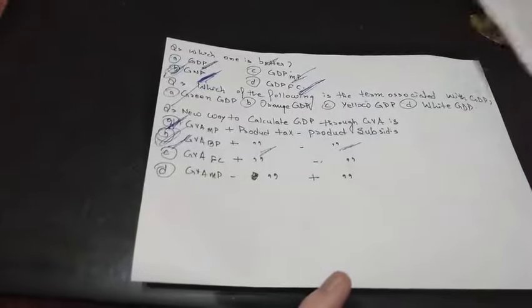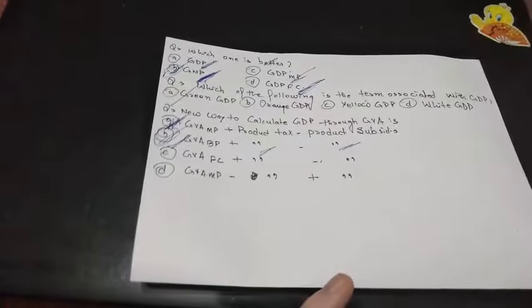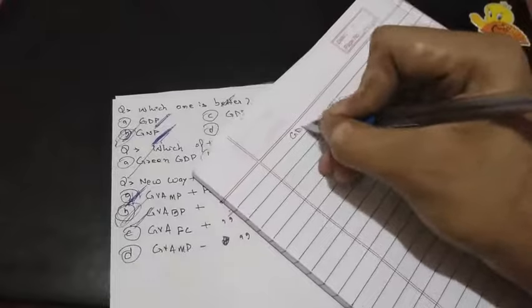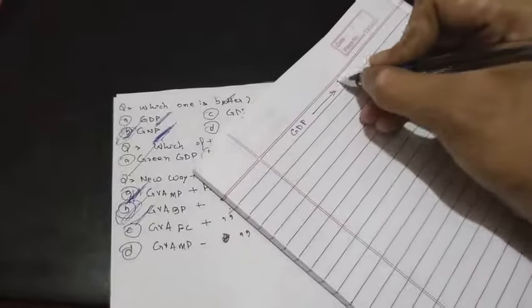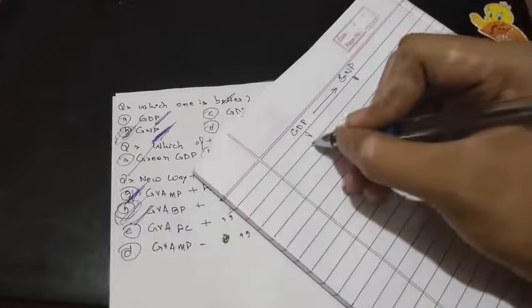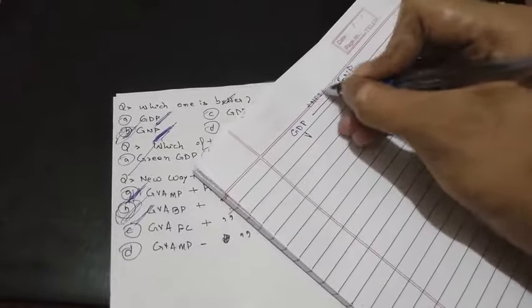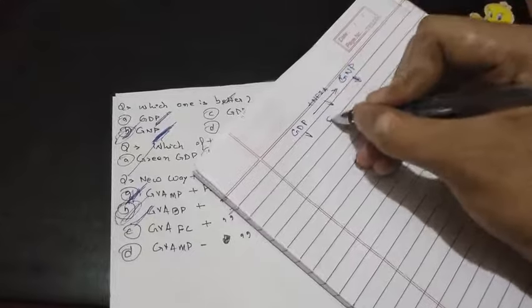Whenever, in GDP, if we add something, okay, we will take a new page. Let's say in GDP we add something, we get gross national product. To convert gross domestic product into gross national product, we add NFIA, net factor income from abroad. What is this?